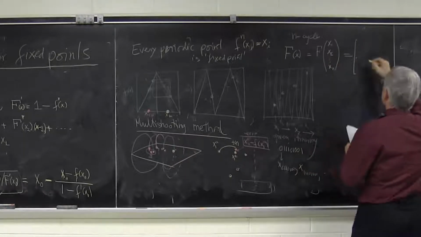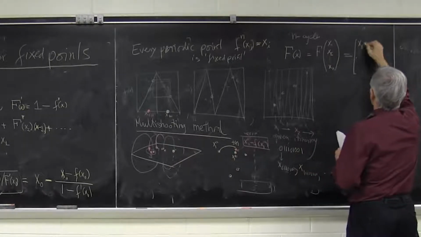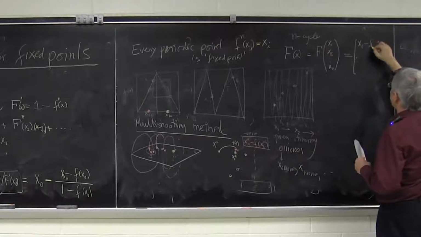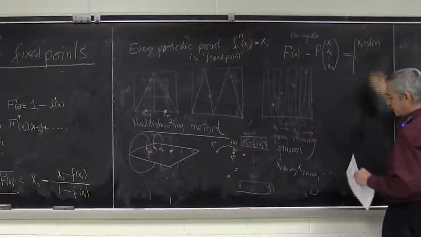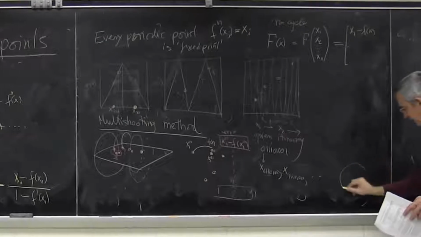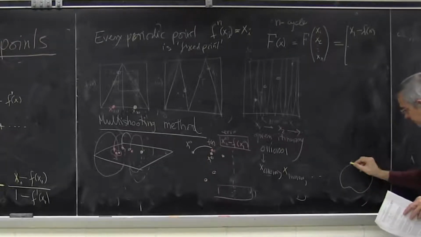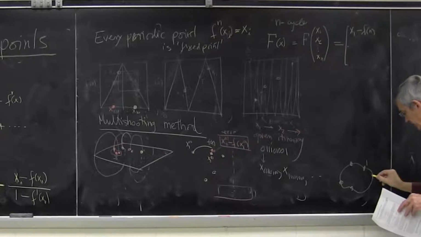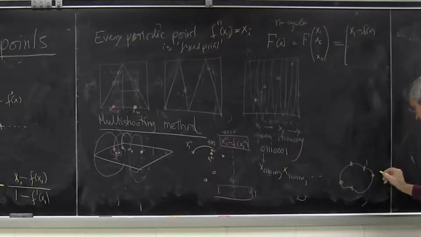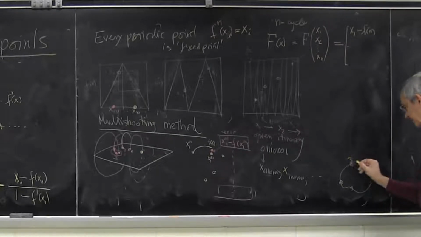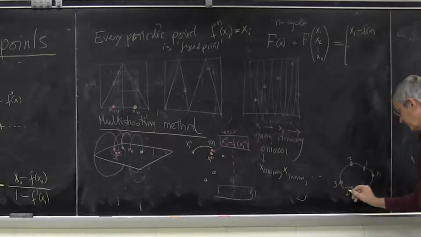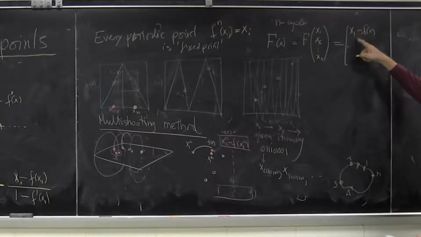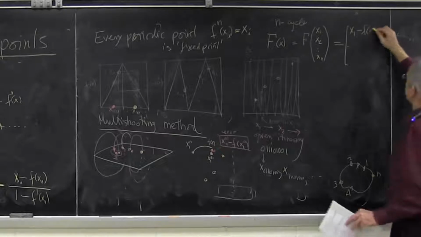So it's comparing x1 with the preceding point. I'm on a period n, so when you're in a periodic orbit and you have periodic points, the preceding one is xn.